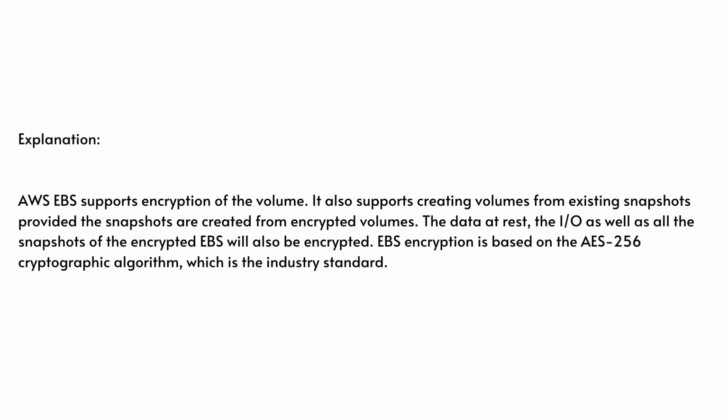The data at rest, the IO, as well as all the snapshots of the encrypted EBS will also be encrypted. EBS encryption is based on AES 256 cryptographic algorithm, which is the industry standard.